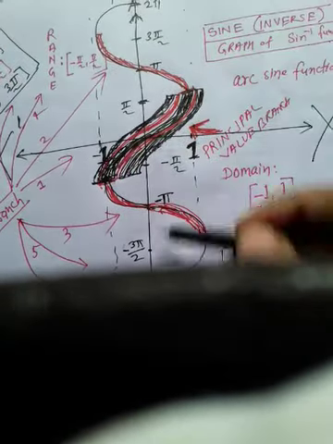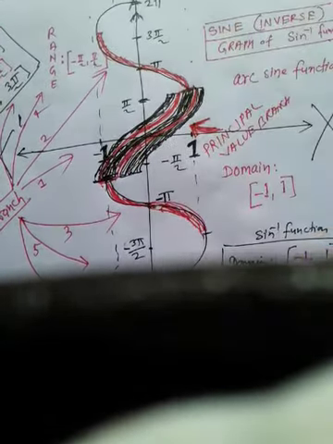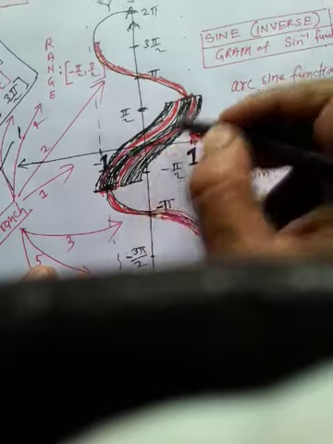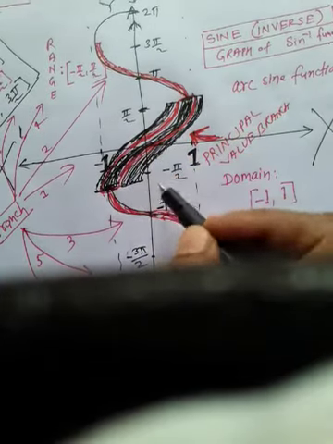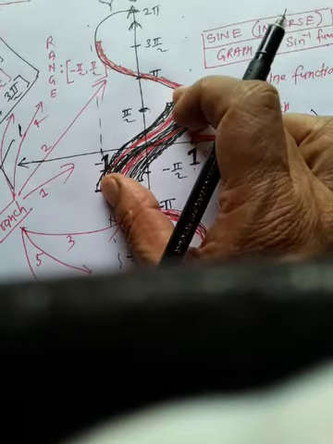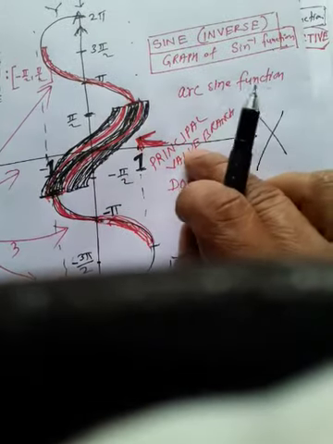See this. Clear? So for these pieces, from minus pi by 2 to pi by 2, this portion is called the principal value branch.